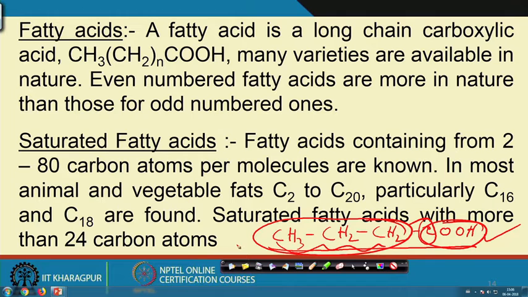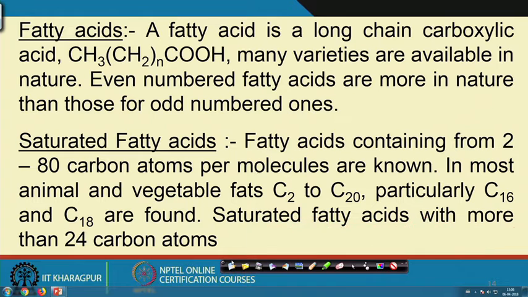Then comes saturated fatty acids, right. Now, out of these fatty acids, like this one which we have shown, let me erase it. Now suppose we have carbon like this, carbon like this, carbon like this, and go on, C, C, O, O, H, this is the carboxylate group, right.